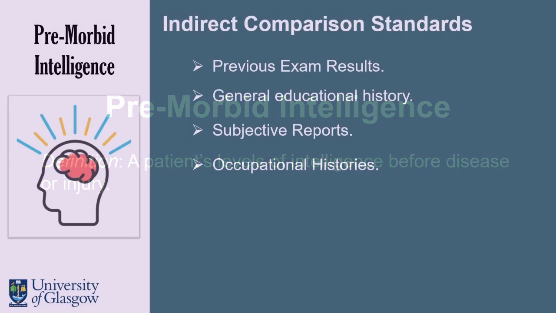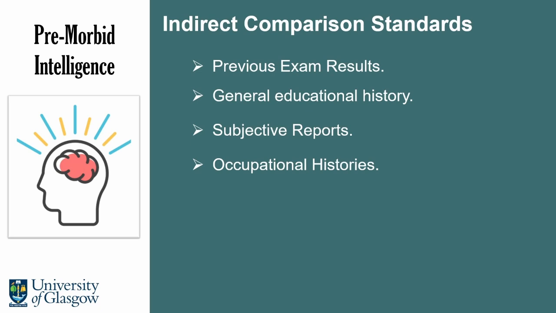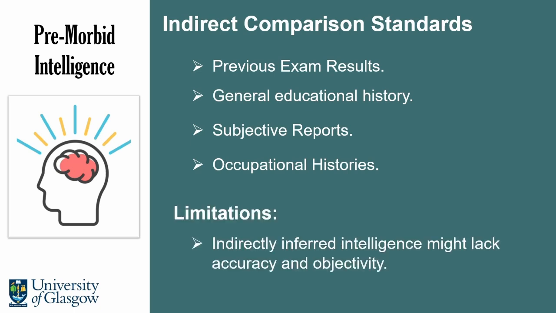One way to estimate a person's pre-morbid intelligence is to use indirect comparison standards. Here, factors in the patient's life history can be useful, such as public examination results, general educational history, subjective reports, or occupational histories. However, as intelligence is indirectly inferred, this might not give the most precise and accurate measure of a patient's pre-morbid intelligence.